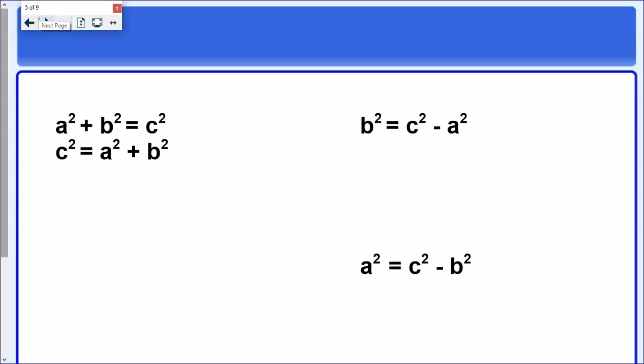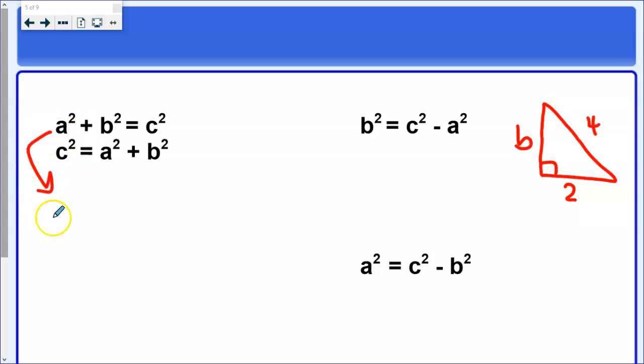So I'm just going to make up some numbers here. Let's say we're given a triangle. But let me draw one here. Okay, and let's say C is 4, sorry, this isn't drawn to scale, and A is 2, and we don't know what B is. So if we were to plug that into the formula that we've been using, we would have 2 squared plus B squared, which we don't know, equals 4 squared.